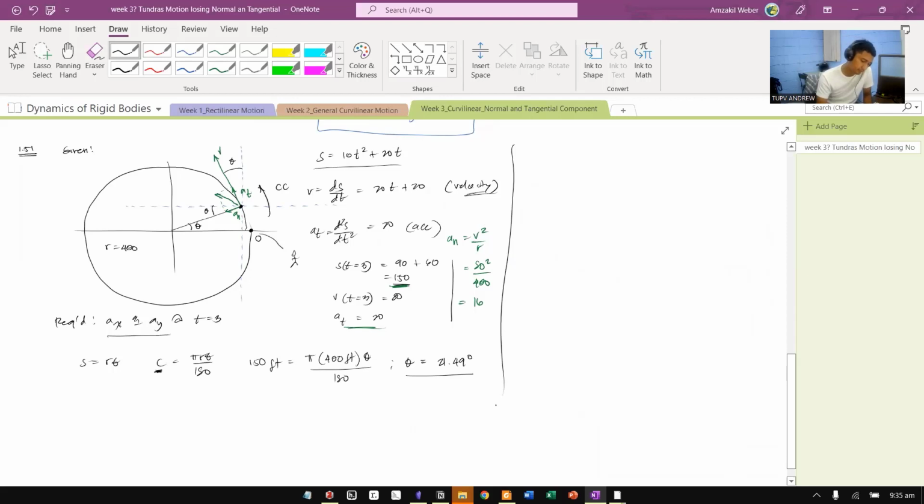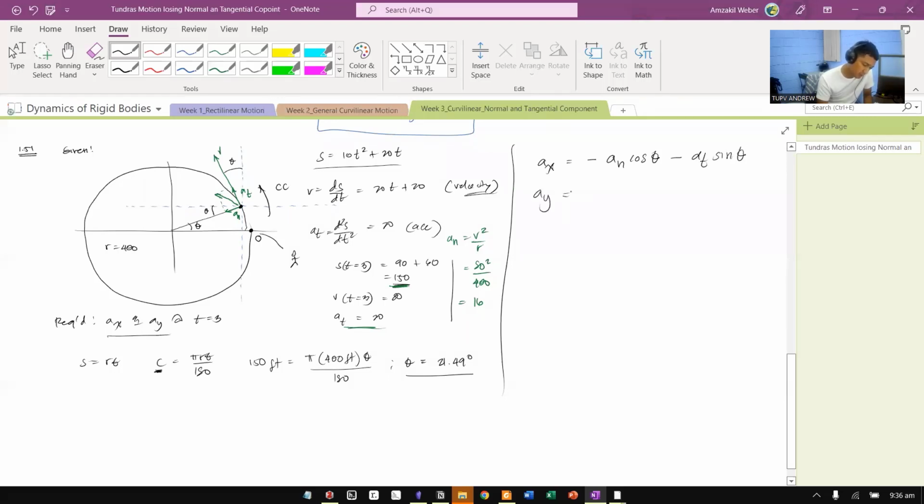Let's start with AX, the horizontal component. AX is equivalent to negative AN cosine theta, and then negative AT as well, but this time not cosine but sine.